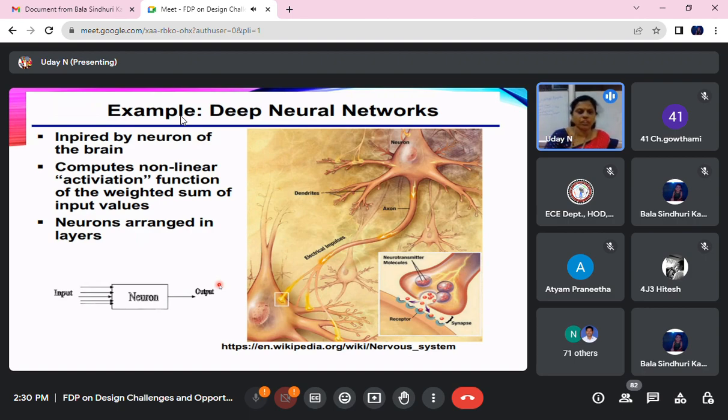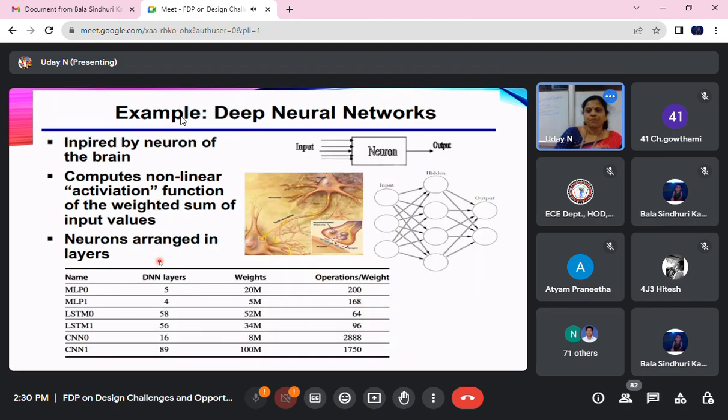This is the fundamental thing we need to know before we understand the VLSI architectures for deep learning. As I told you, the brain has a number of layers for processing. These are the input layers. This is one neuron, this is one neuron, this is one neuron.